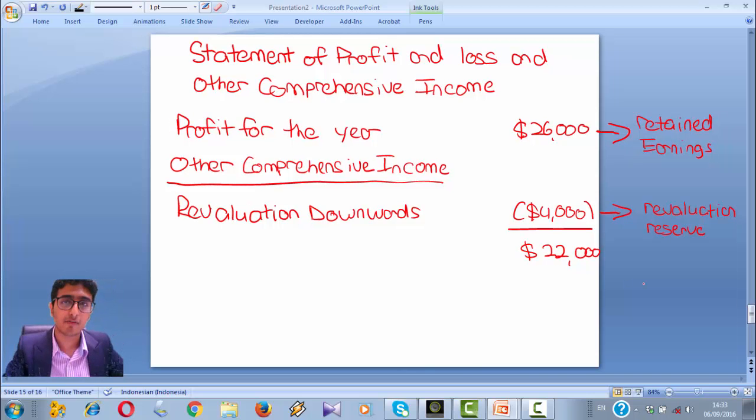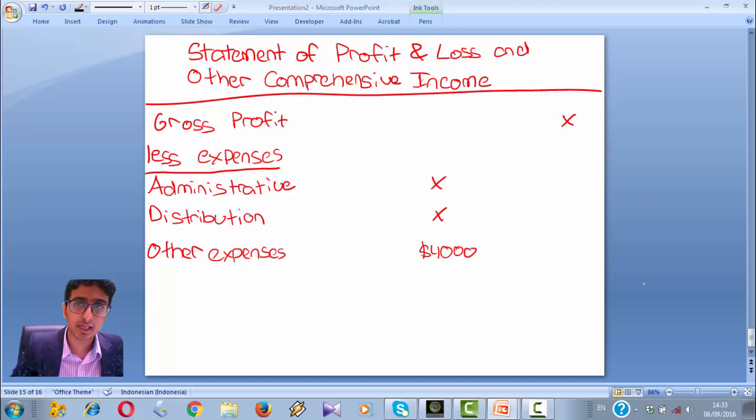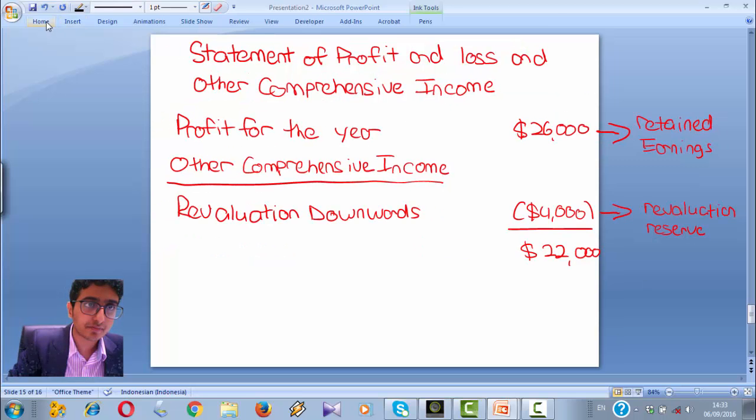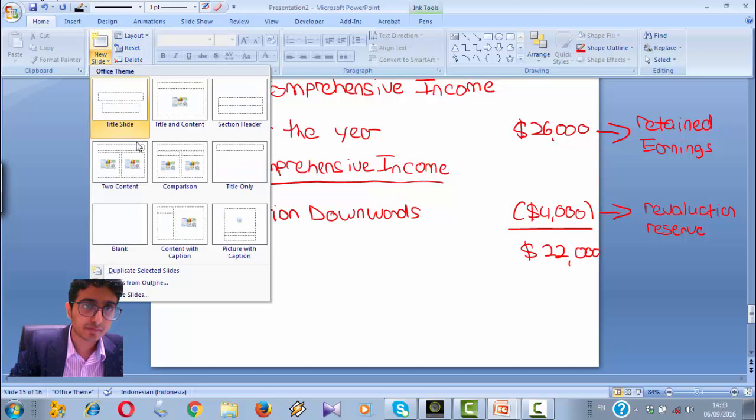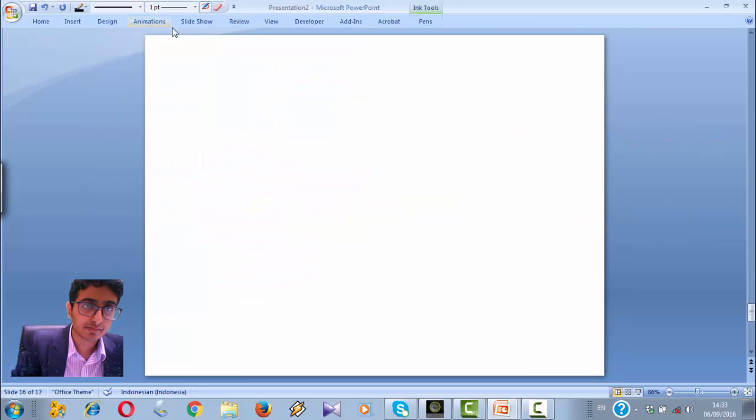So, we so far have learned two scenarios. The first one, we have a revaluation upwards. Yes? And in the second scenario, we have a revaluation upwards in 1 year, and then in the next year, we have a revaluation downwards. Now, the third scenario we're going to learn is, let me put this in an example. Yes?